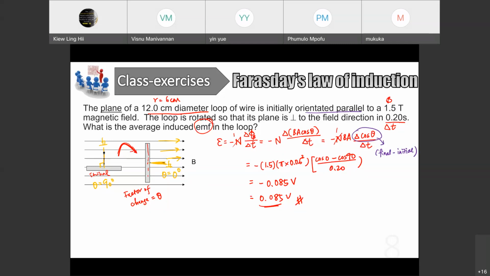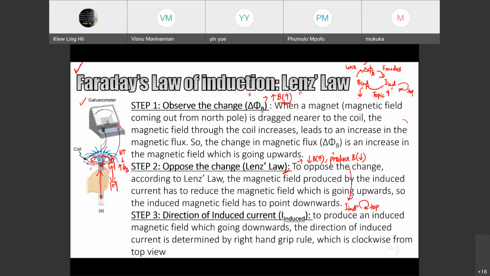All right, so back to our Lenz's law. In order to determine the directions of magnetic field, that's why we have developed the 3 steps for you. Just follow the 3 steps and you will get your direction. The first one: observe the change.